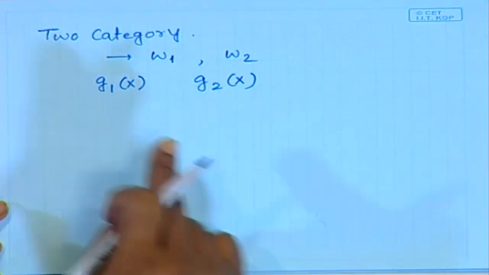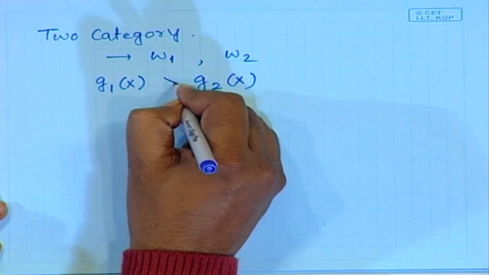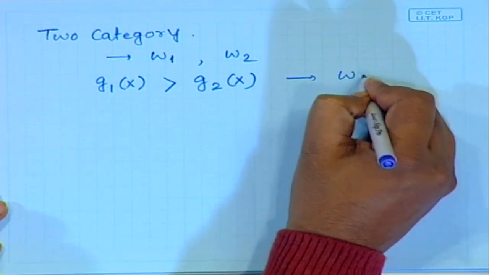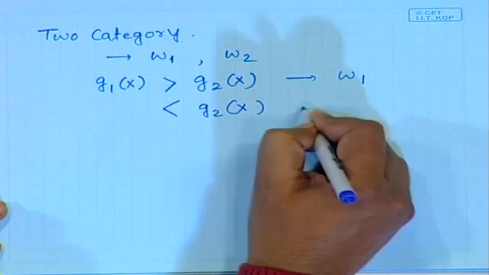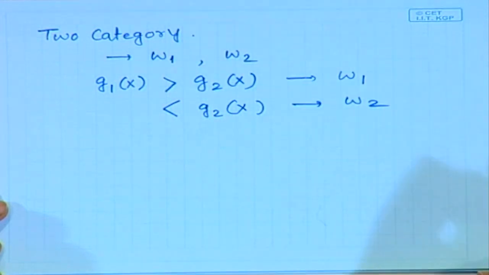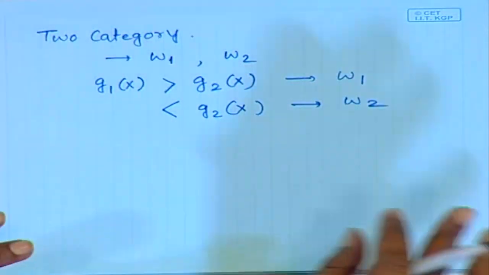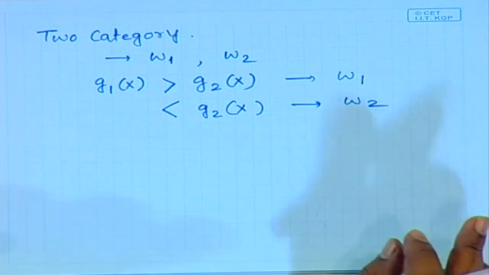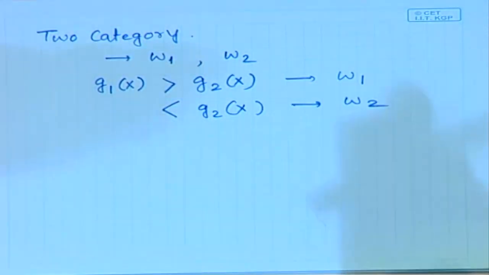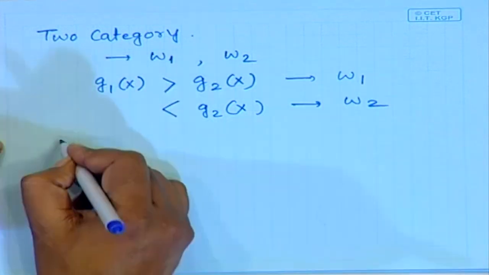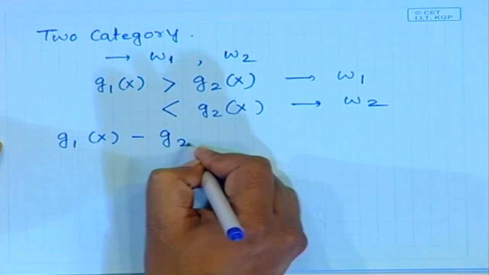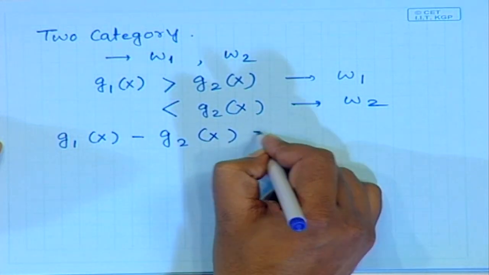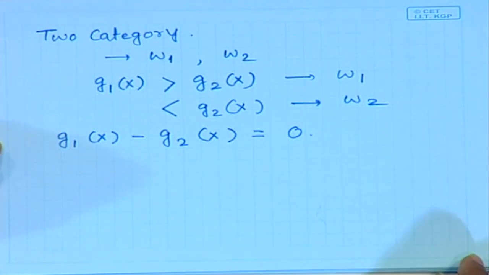My decision rule is: if g1(x) is greater than g2(x), I decide in favor of omega 1; if g1(x) is less than g2(x), I decide in favor of omega 2. The decision boundary is simply where g1(x) is equal to g2(x), that is, g1(x) minus g2(x) equal to 0.